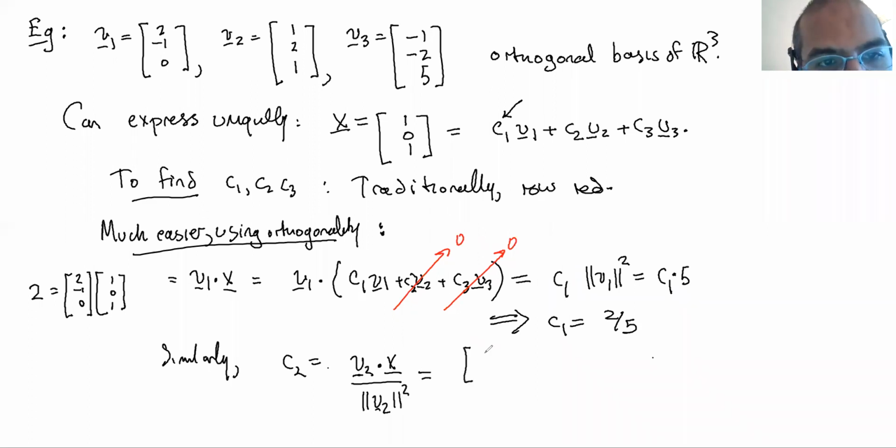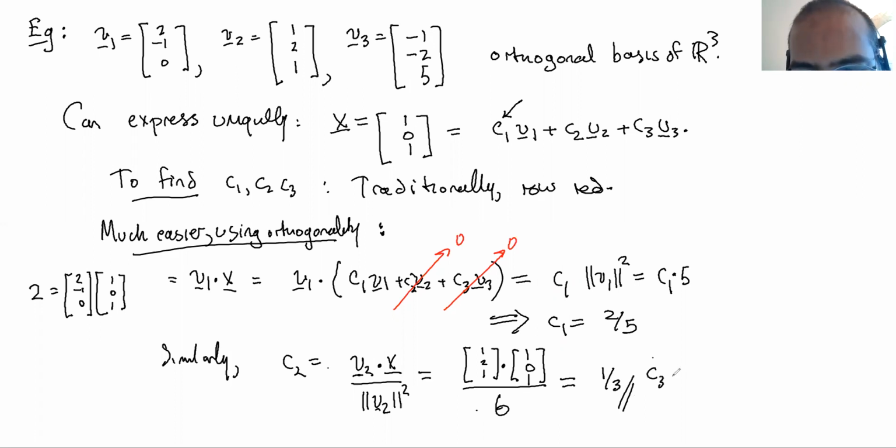U2 is 1, 2, 1 dot the vector 1, 0, 1. Norm of U2 squared is just going to be 1 plus 4 plus 1, which is 6. So this is a third.